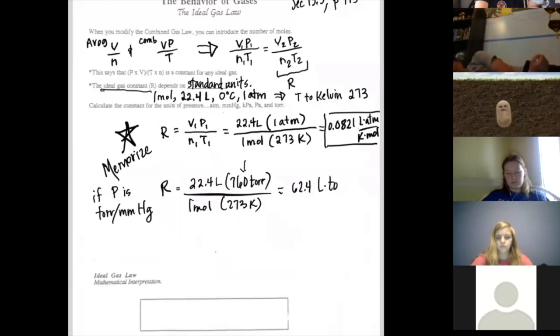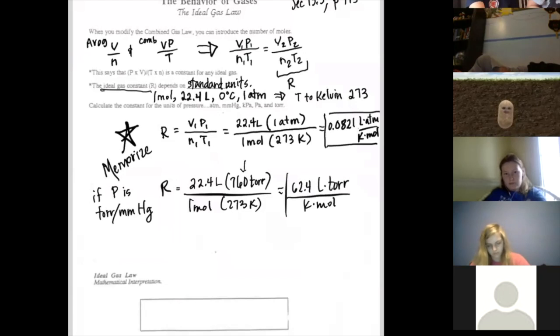Liter torr per Kelvin mole is a unit. So that's also one that you can use if your pressure is in torr. But again, if you just convert all your pressures to atmosphere, then you only need to know one R value, which is up here.